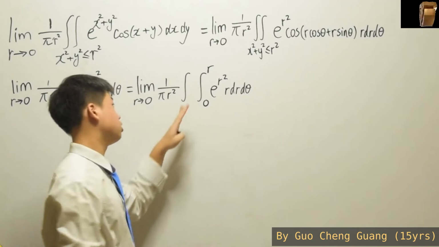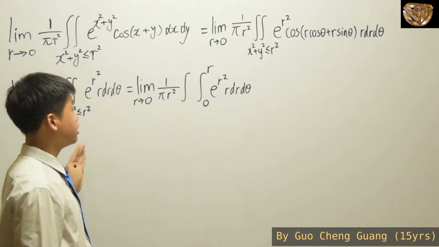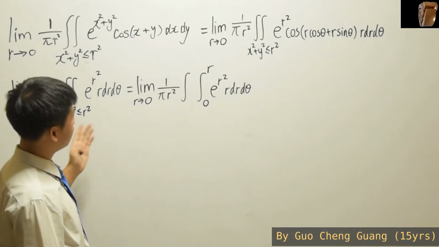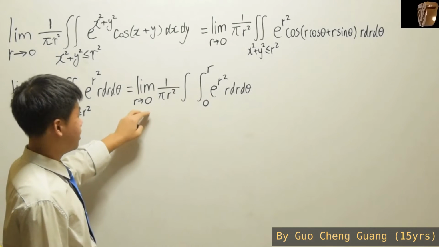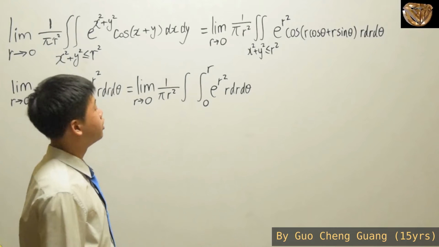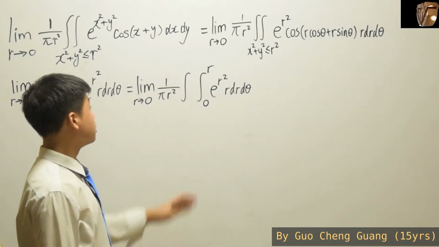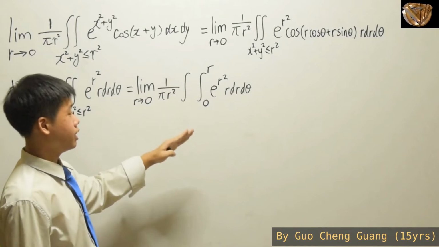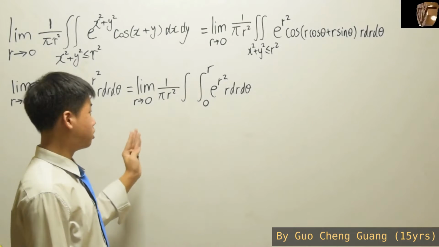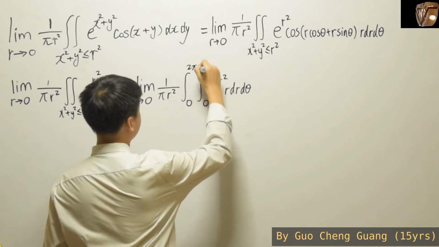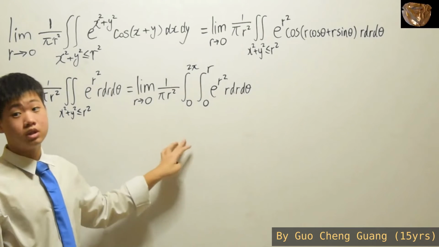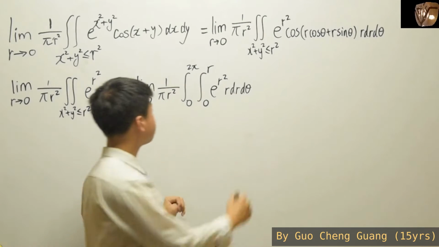But beware, these two r's are different, since one is not really a fixed value, it's just used in this limit, while the other is used for your integration. So 0 to r, that's your radius, and of course a circle, so your theta would be from 0 to 2 pi. Okay, so this is what we will have.